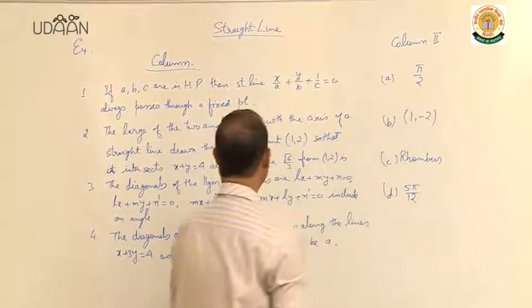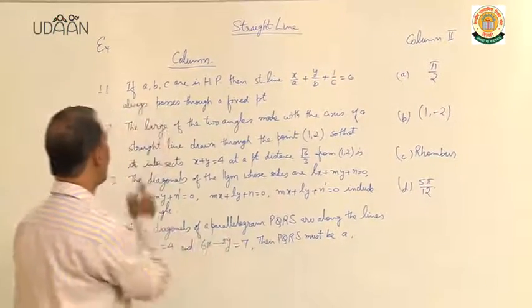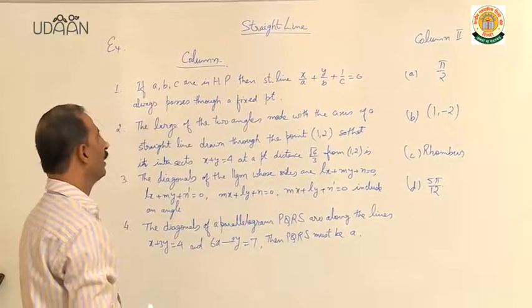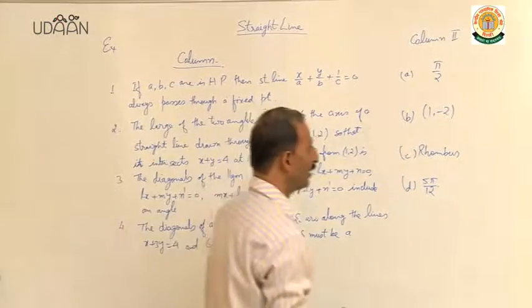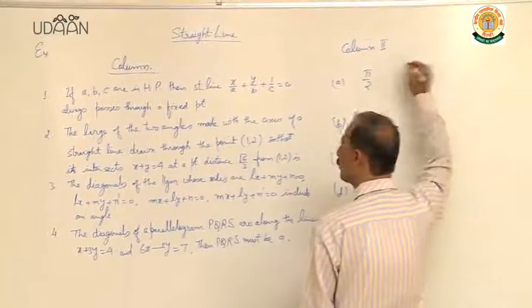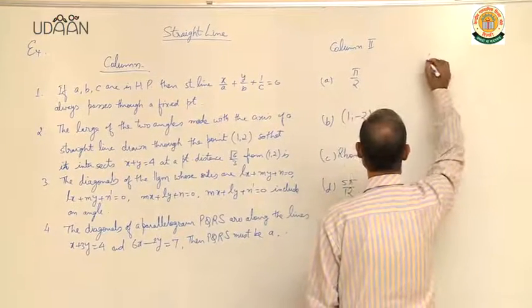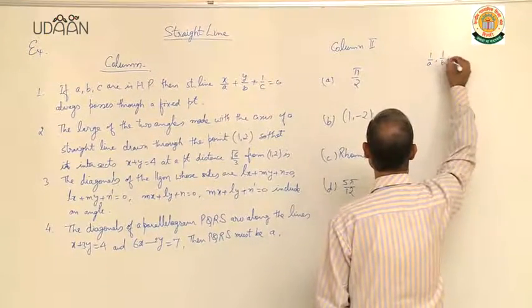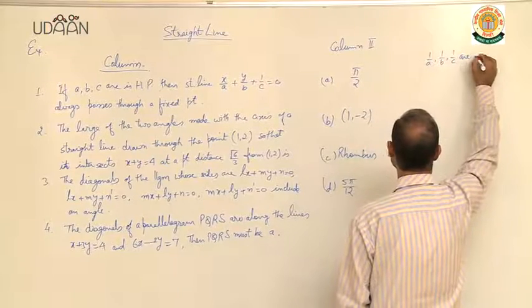Now if A, B, C are in HP, then the straight line passes through a fixed point. If A, B, C are in HP, then you know that 1 upon A, 1 upon B, 1 upon C are in AP.